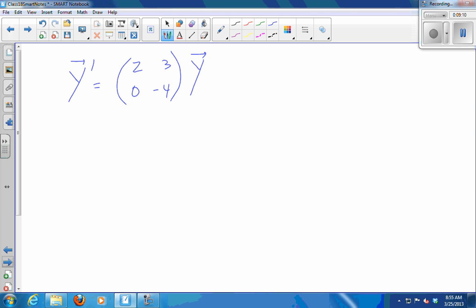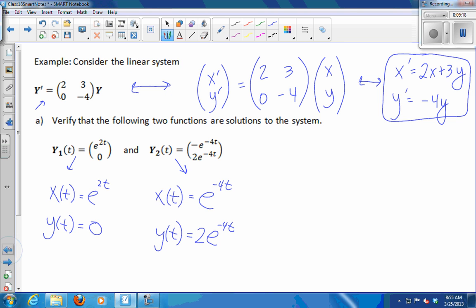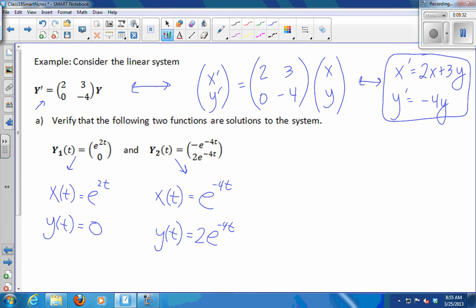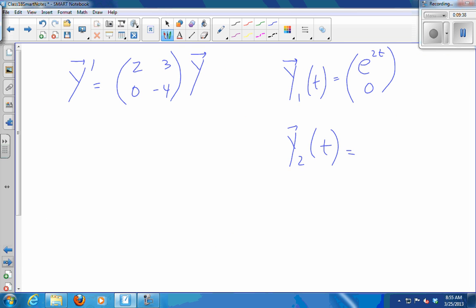Okay, so that's my system, and my y1 was e to the 2t, 0, and y2 is e to the negative 4t and 2e to the negative 4t... actually negative e to the negative 4t and 2e to the negative 4t.